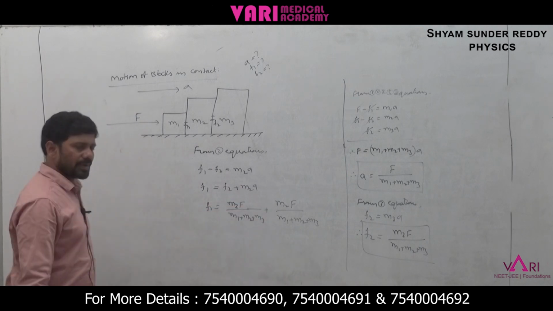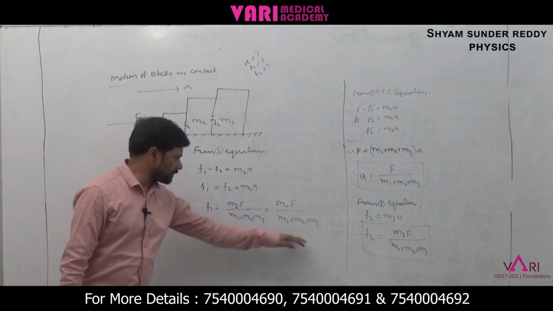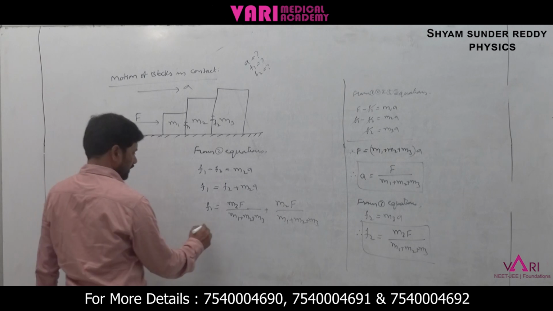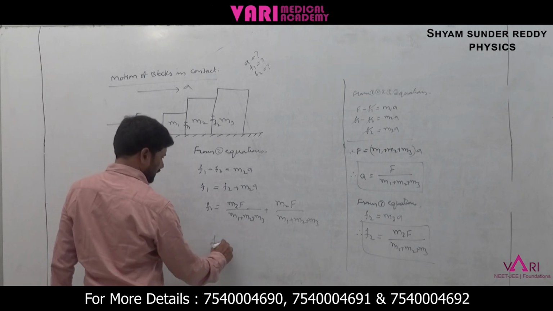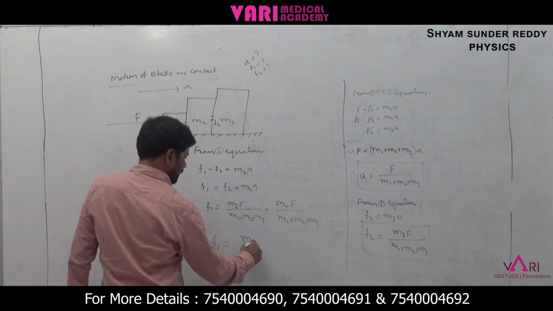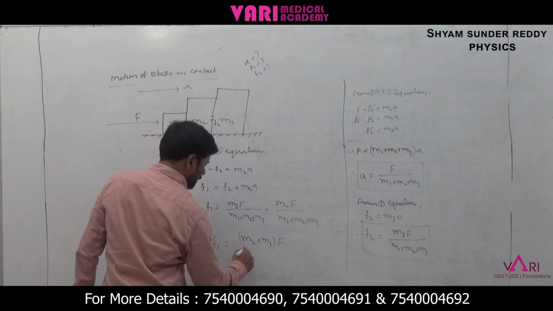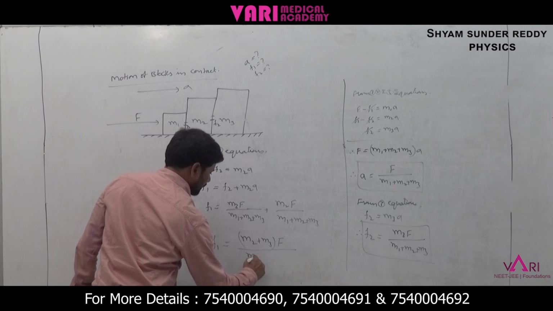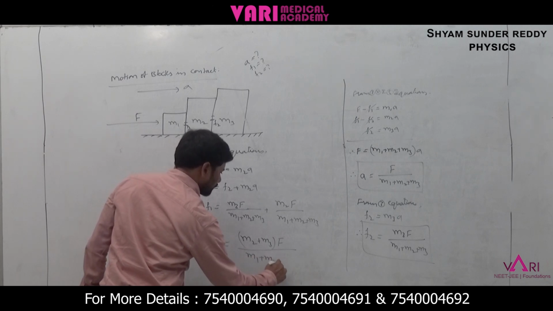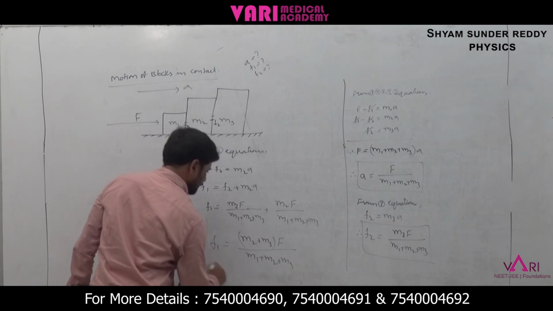Now F is common and the denominator is the same, so F1 is equal to M2 plus M3 into F by M1 plus M2 plus M3. This is F1.